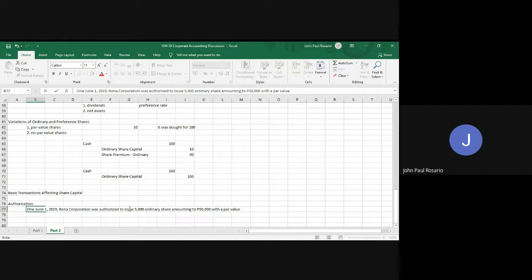Okay, 500,000 ordinary shares amounting to 5 million. So par value is equal to the share capital amount divided by the number of shares authorized for issue.